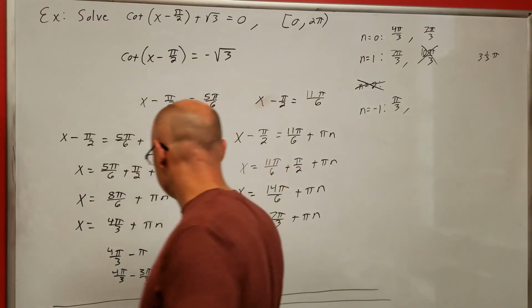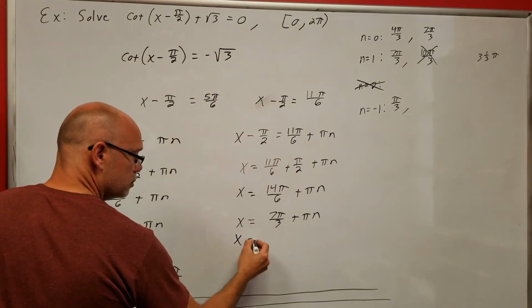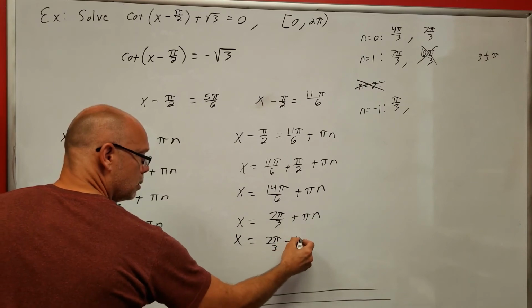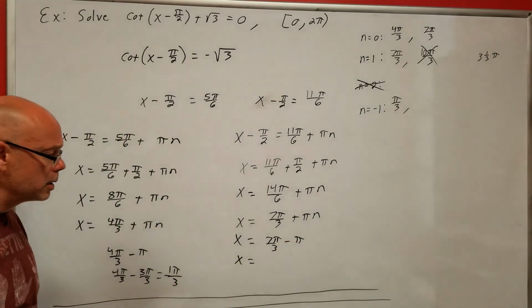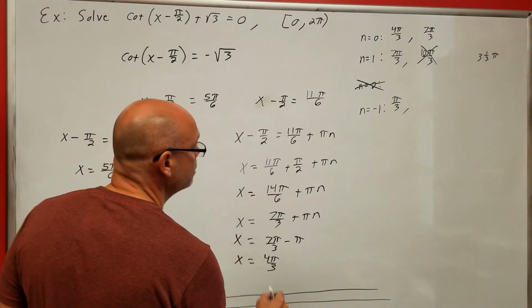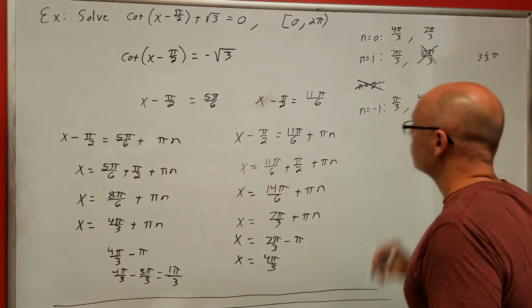How about over here? When n is -1, what do I get? 7 pi over 3 minus pi, or 7 pi over 3 minus 3 pi over 3, which is 4 pi over 3.